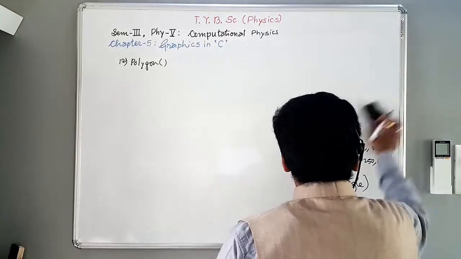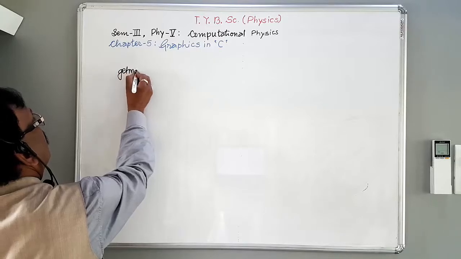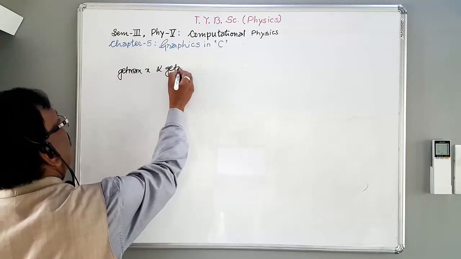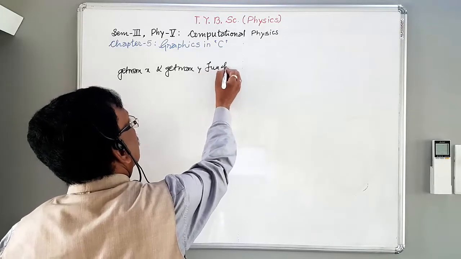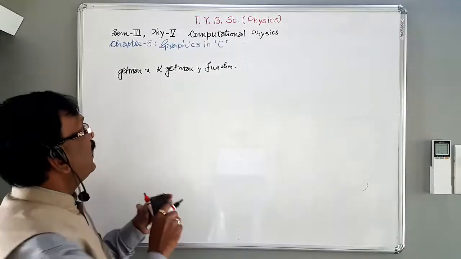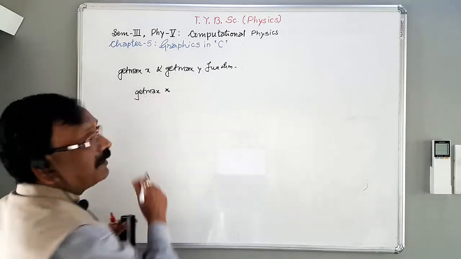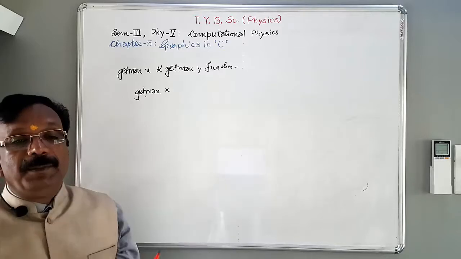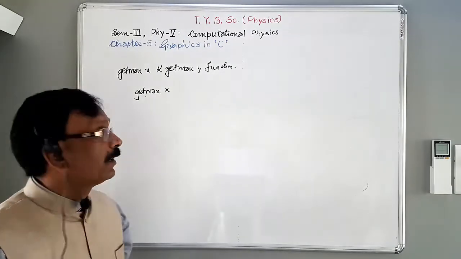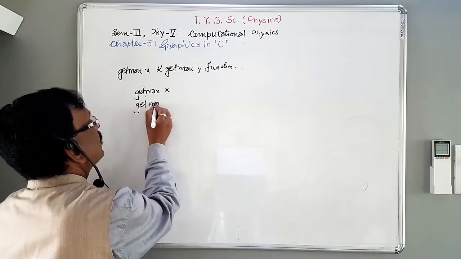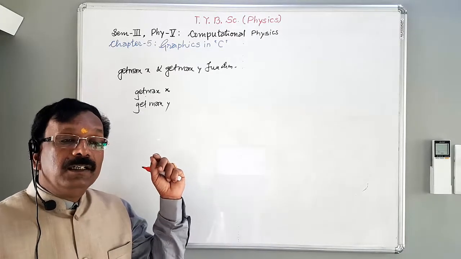The next functions are getmaxx and getmaxy. The function getmaxx gives the maximum value of x in the current graphic mode, and the function getmaxy gives the maximum value of y in the current graphic mode.